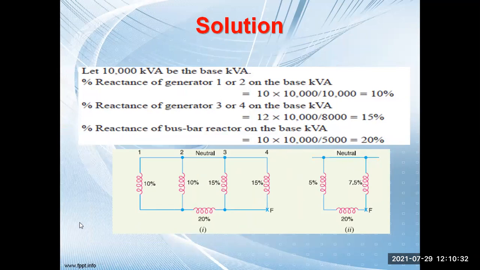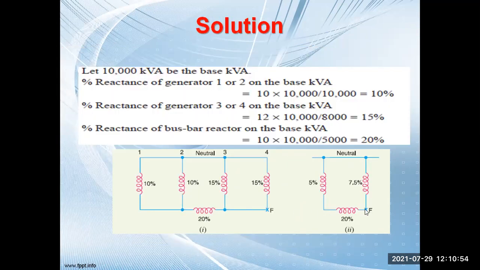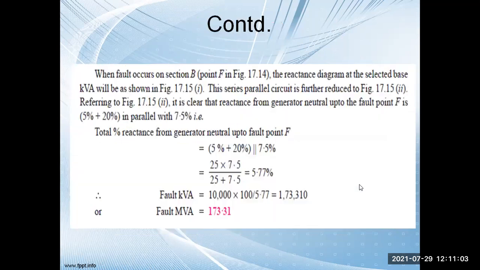Now what we'll do is this: the 10% and 10% in parallel will be 5%, and the 15% and 15% in parallel will be 7.5%, and this is 20%. Here the fault has occurred at this location, so these two reactances will be in series. That is 5 plus 20, which is 25, and this 25 is in parallel with 7.5.